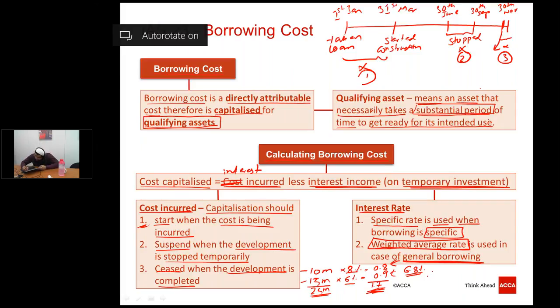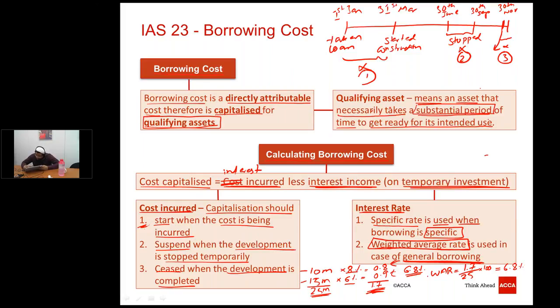So the weighted average rate is going to be 1.7 divided by 25, which is giving us 6.8%. So this is how we have calculated 6.8. Total interest of 1.7 divided by total amount of 25 is the weighted average rate. Total amount of interest divided by total amount of loan is the weighted average rate.